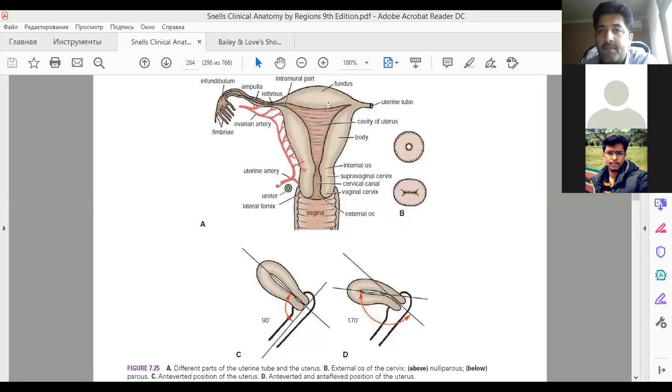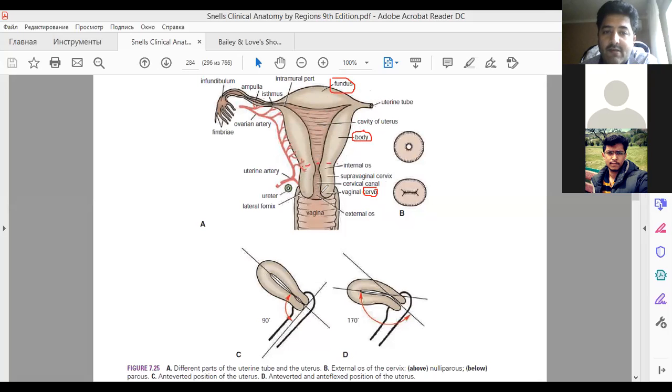Okay, no problem. So first of all we must know about the structure of the uterus. The uterus consists of the fundus, the body, and the cervix. This part is the cervix.